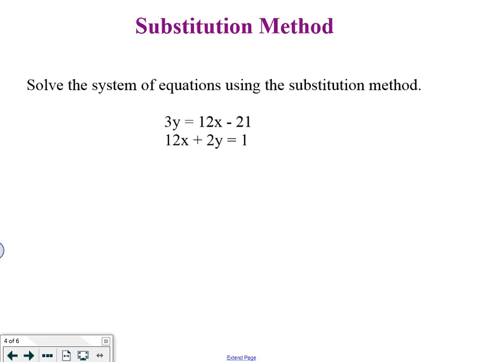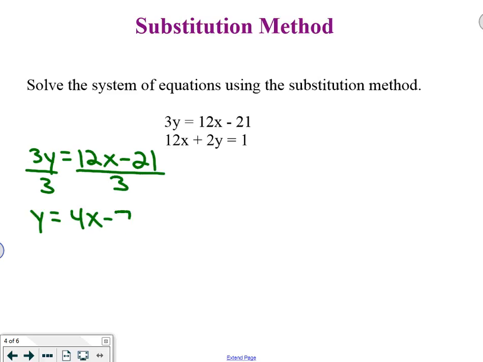Now, looking at these two equations, it looks to me like solving the top equation for y would be the simplest algebra. So if I have 3y equals 12x minus 21, and I divide both sides by 3, I get y equals 4x minus 7.